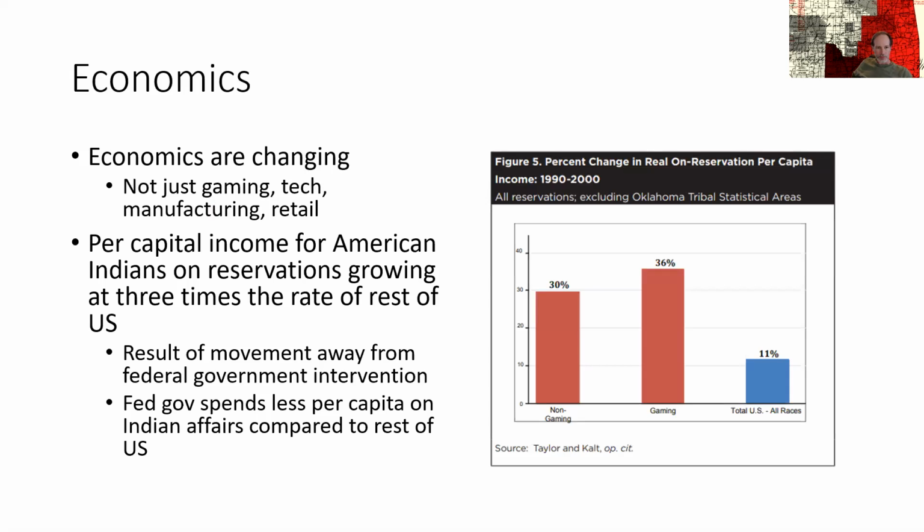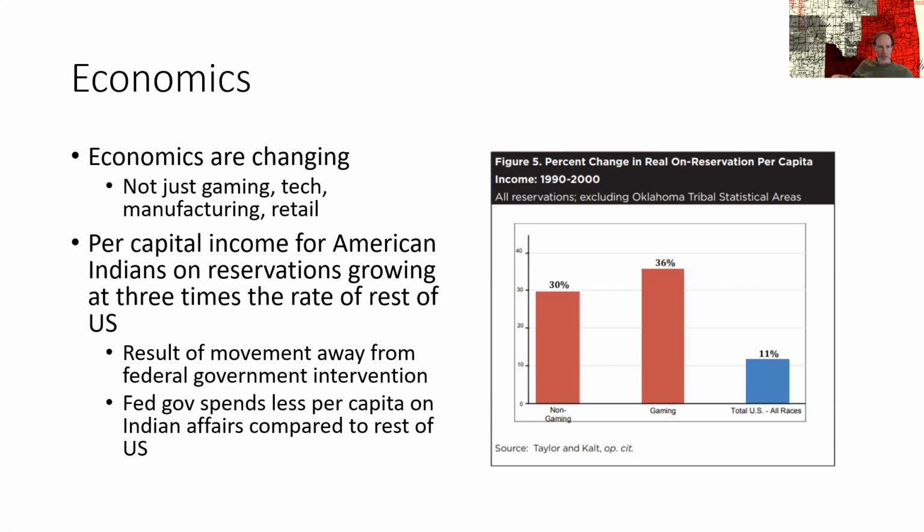So technology, manufacturing, retail. It's a more diversified economy than we might think. Especially here in Oklahoma, we think about the governor and the tribes fighting over the percent that should flow back to the states, or the way the state might tax. I have to say that carefully. Gaming moves to the forefront, but there are lots of other industries and businesses.